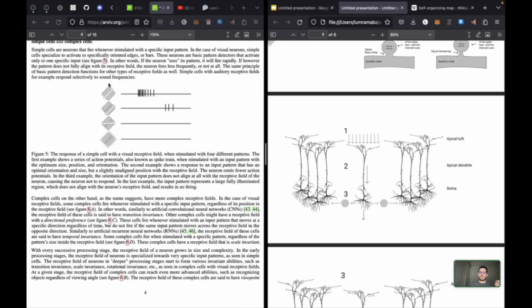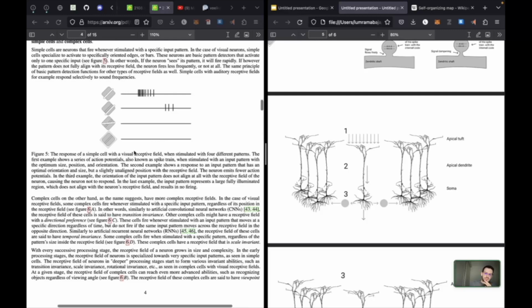So if this here is the receptive field, whenever it sees, for example, an edge or a line in the center of the receptive field, it fires, it throws that burst of spikes. Whereas if the pattern is somewhere else in the receptive field, it will either fire very little or not at all if, for example, you shift the line. This kind of behavior we can mimic pretty well in today's artificial neural network models.